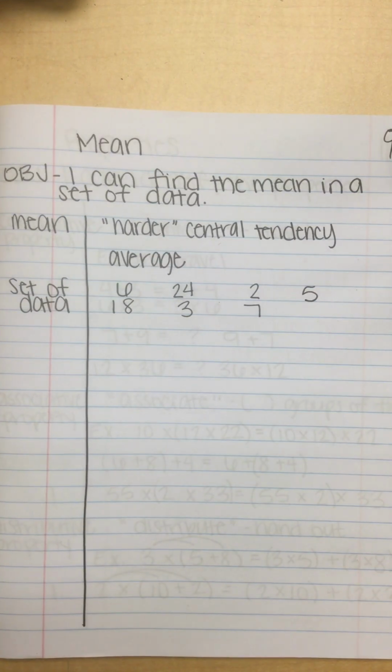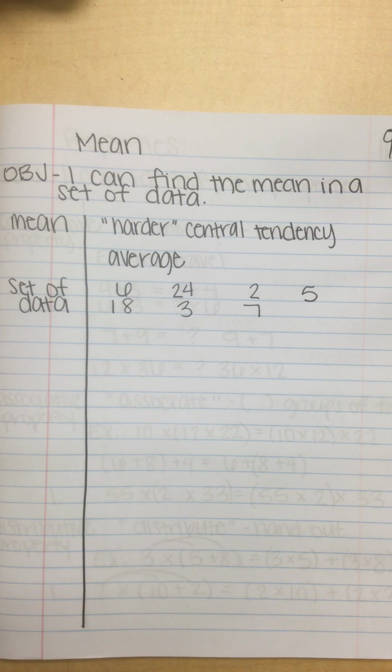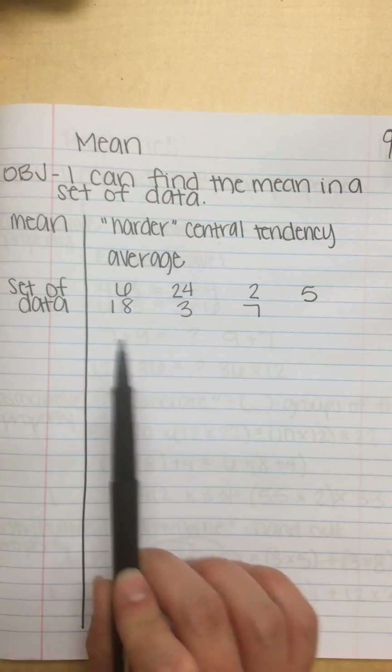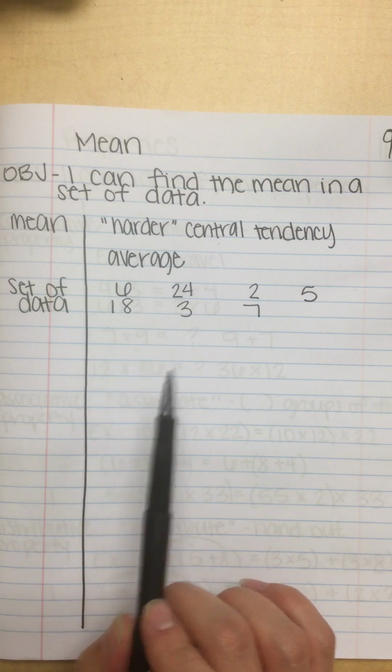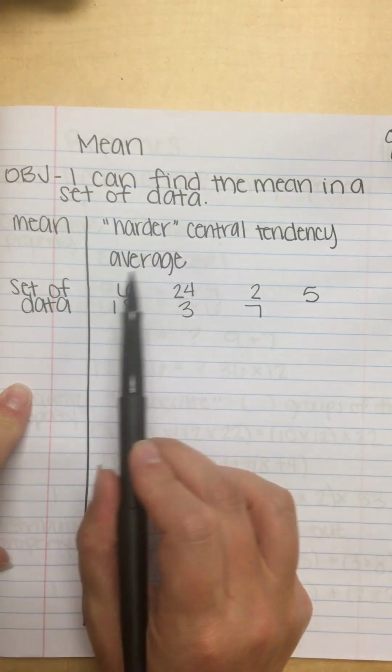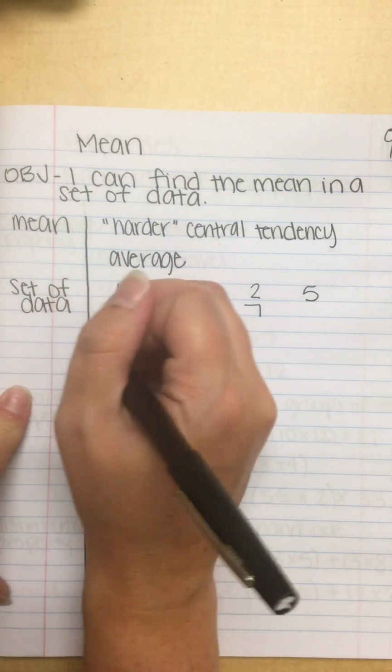Okay, if these are my data numbers, so remember data can come from a survey, it could be test scores, it could be the amount of wins you have or trophies you have in a season. So it could be a bunch of different things. So if I have my data right here, 6, 18, 24, 3, 2, 7, and 5, the first thing I'm going to do when I'm trying to find the mean is I'm going to add all of these numbers up together.